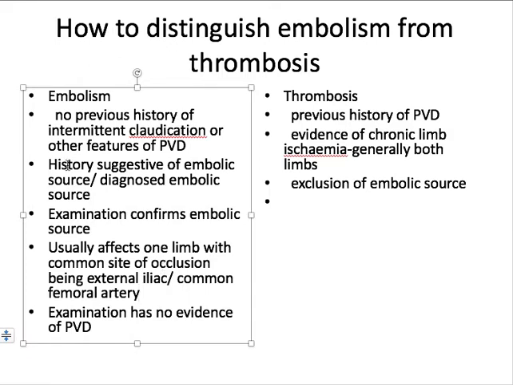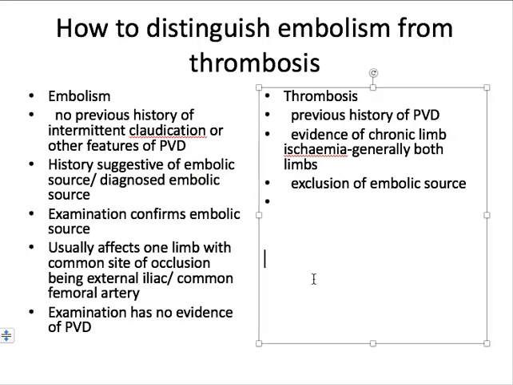So, with no previous history of chronic ischemia, suddenly one limb gets occluded, and you feel your femoral pulse is absent, and you examine the other limb, it is normal, all pulses from femoral downwards felt, it's more likely to be embolism.